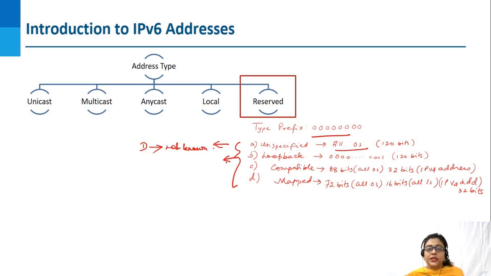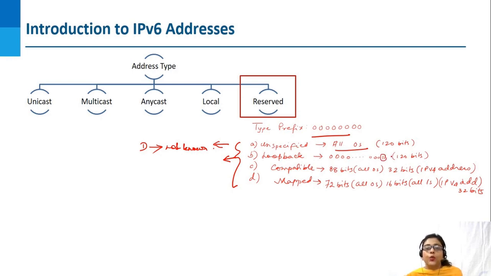The loopback address is used when the device wants to know whether it is active or not without getting connected to the internet. This consists of 128 bits, all zeros, and the last bit is 1.